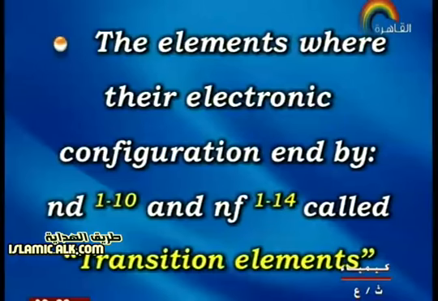My dear students, the elements whose electronic configuration ends by filling the D sublevel, where the D sublevel takes from 1 to 10 electrons, and the F sublevel, filled by from 1 electron to 14 electrons, are called transition elements.